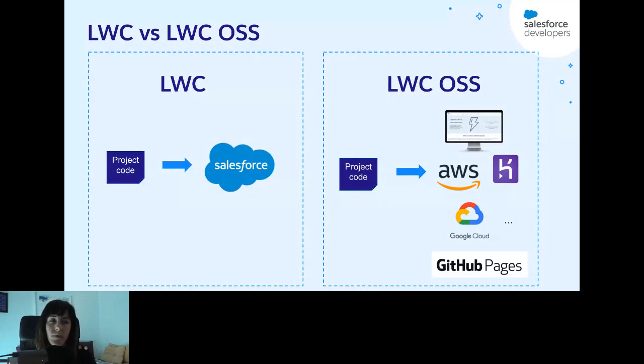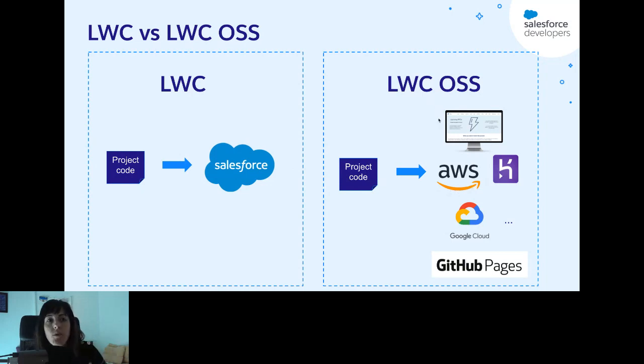When we talk about Lightning Web Components open source, OSS stands for open source. Well, it's really the same version of Lightning Web Components that we are using on the platform. It's just a different name, but it's exactly the same library, the same code. The difference is that we are going to deploy our code to a different platform, something that doesn't live on Salesforce, but in a different infrastructure.